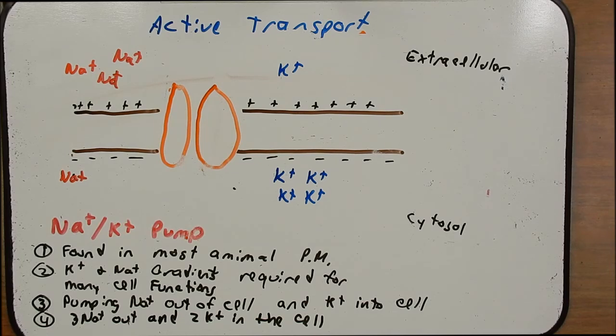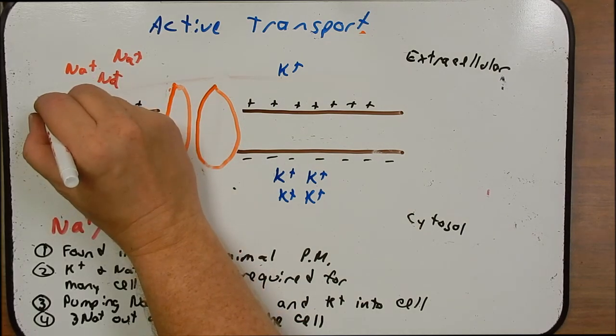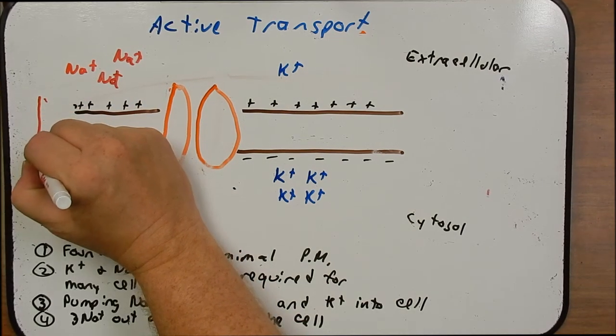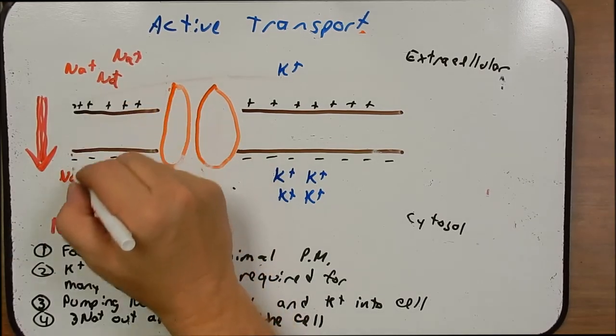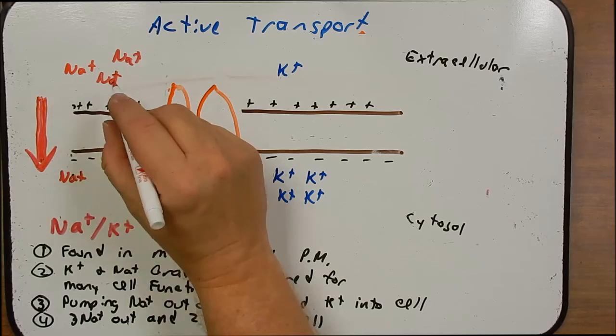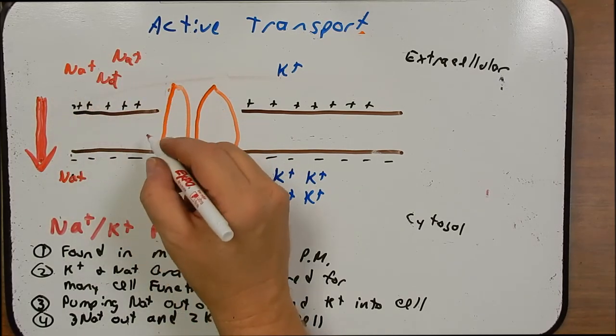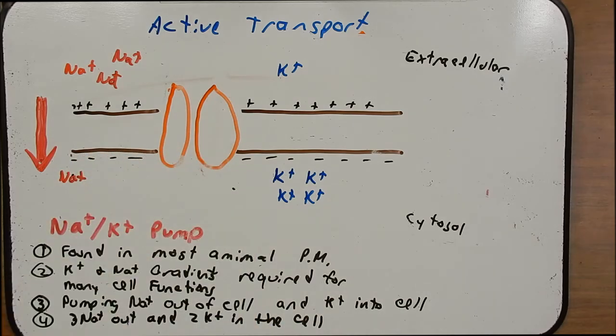If we think about the gradient here, we would predict the gradient would be going from outside the cell into the cell, from a high concentration to a low concentration. In addition, I'm making this arrow thick because we're also taking positive ions and moving them towards the negative area. So it's going to be a greater gradient here.